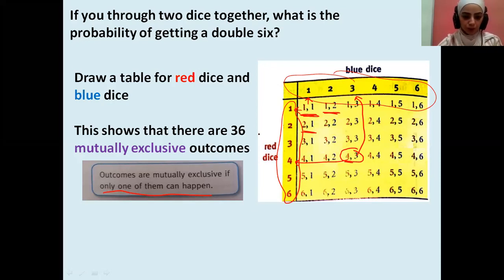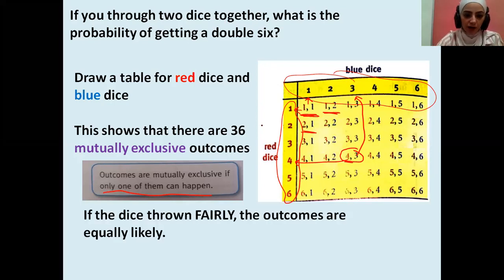So here, if the dice are thrown fairly, the outcomes are equally likely. What do we mean by the word fairly? If you remember, fairly means both dice have the same size.